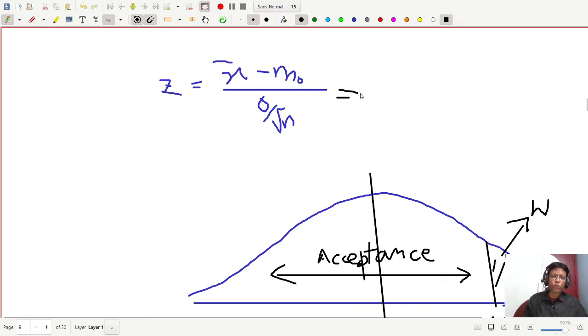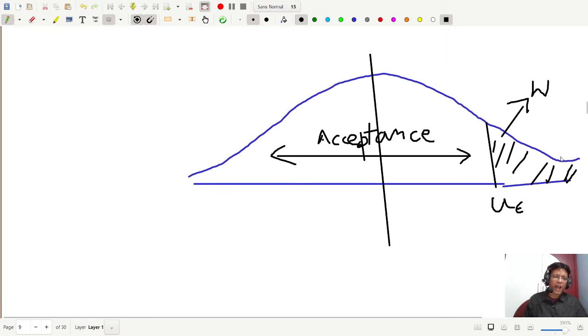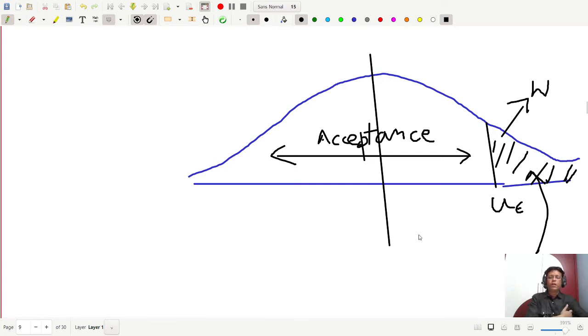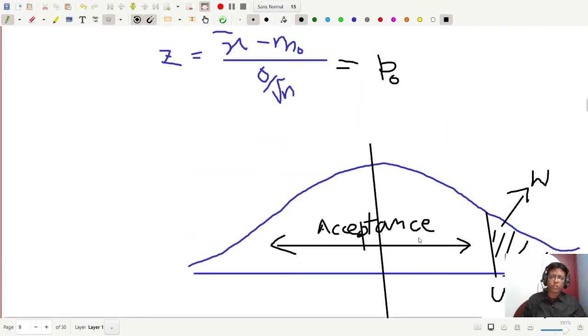Suppose this value is P naught. If P naught lies in this region, falls in this region, then we will reject the null hypothesis and accept the alternative.